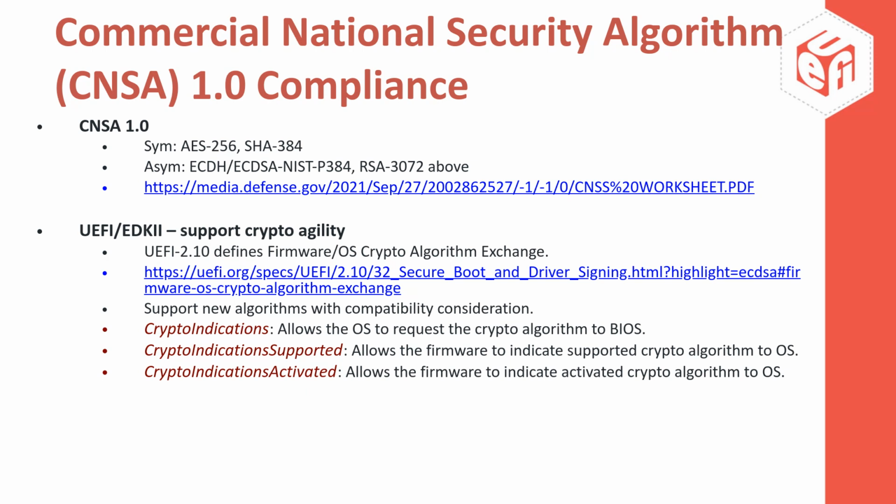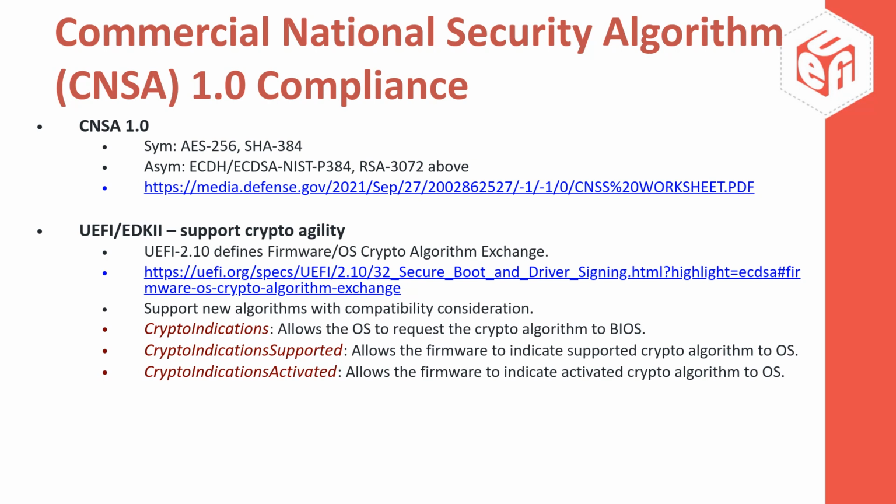So we need to consider an old BIOS booting a new OS or a new BIOS booting an old OS. To support compatibility, we define three variables for firmware and OS algorithm exchange. The crypto indications allow the OS to request the algorithm from the BIOS. The crypto indications supported allows the firmware to report the supported algorithms to the OS, and the crypto indications activated allows the firmware to report the currently activated crypto algorithms in use.